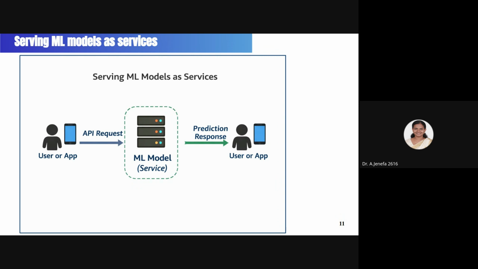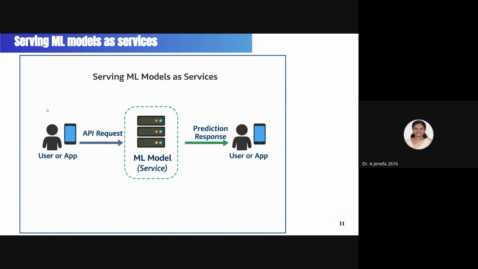So one of the main cloud services is model as a service. When a model is deployed on a cloud platform, anyone can use it. It is providing a service for all the users to make it available. That's the meaning of model as a service.